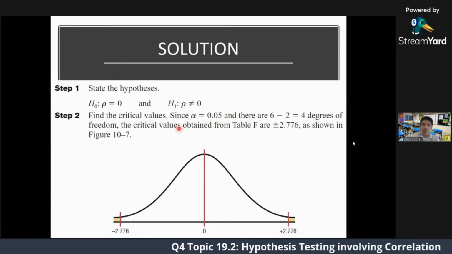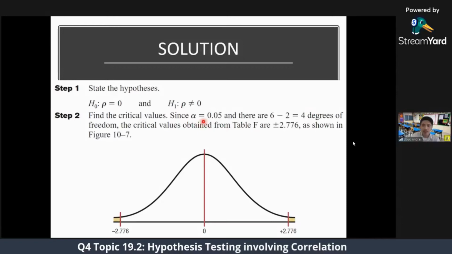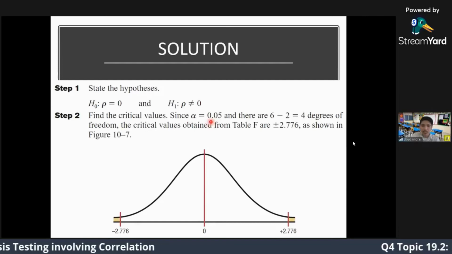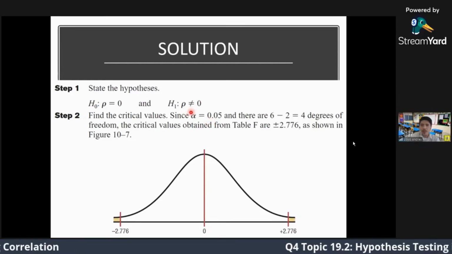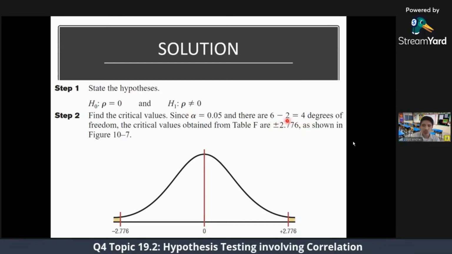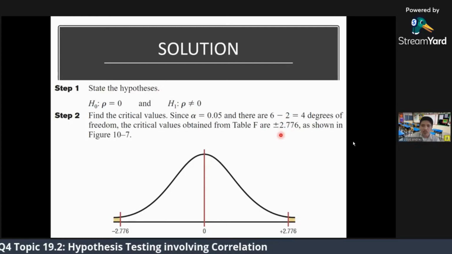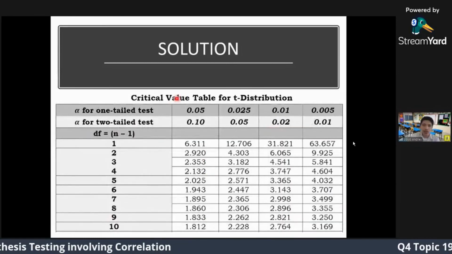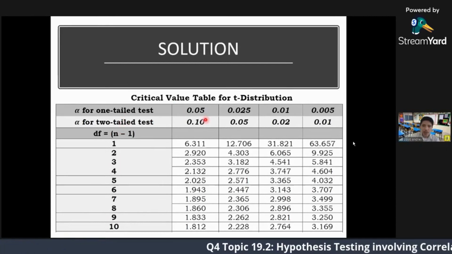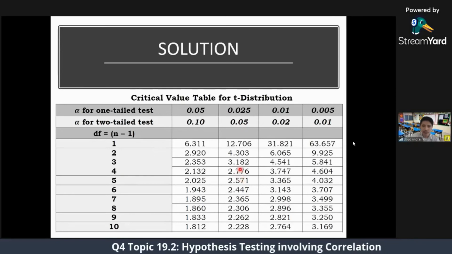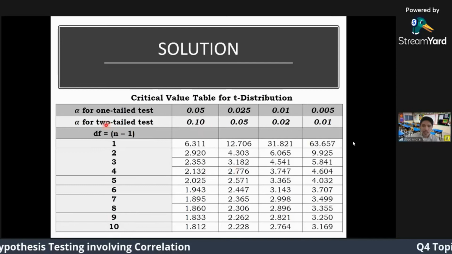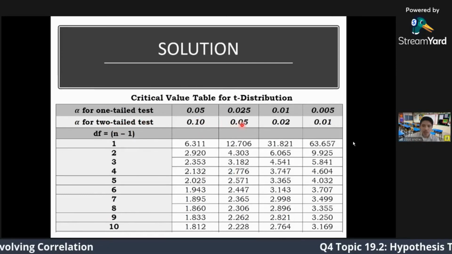So, we look at the table for alpha, alpha of 0.05, two-tailed. Two-tailed again because our alternative hypothesis is not equal to. Then the degree of freedom is 4. So, we come up with positive and negative 2.776. Using our table, degree of freedom is 4, two-tailed at 0.05, going down until 4.